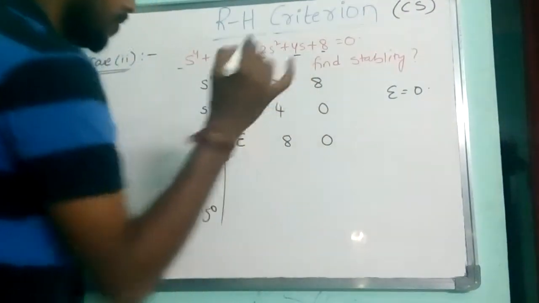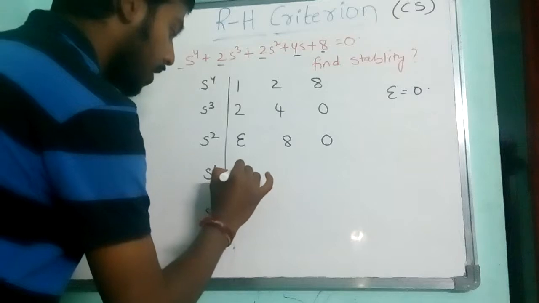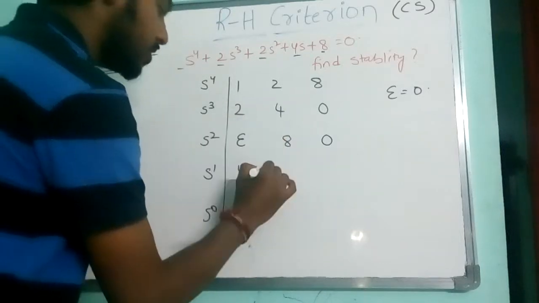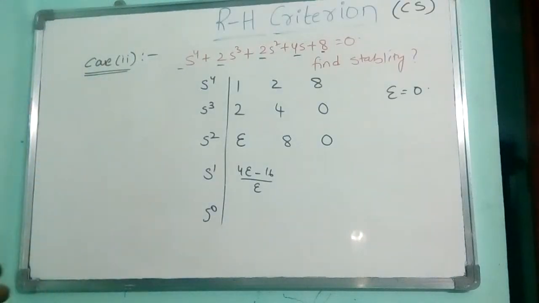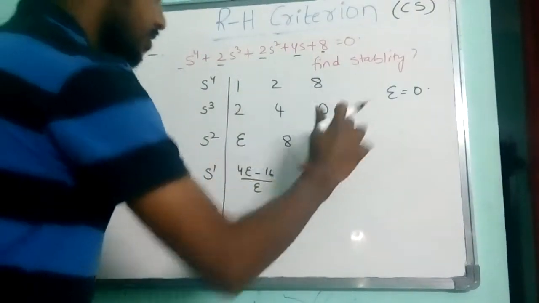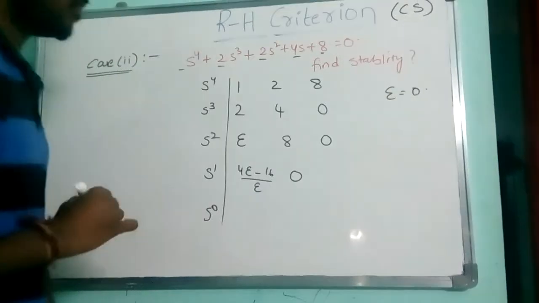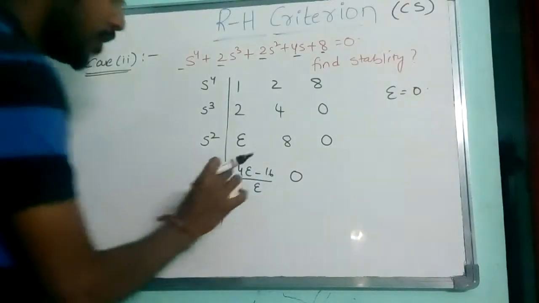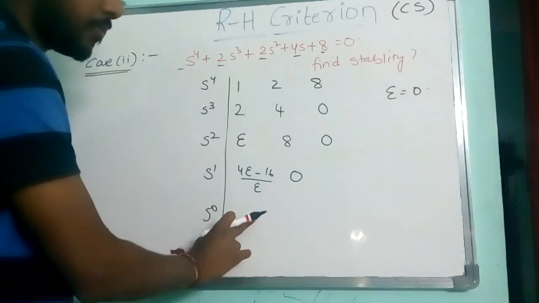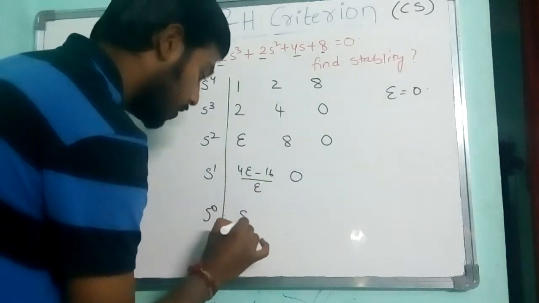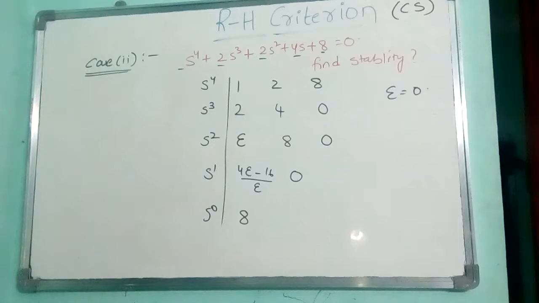Now it is 0. Epsilon into 4, 4 epsilon minus 8 times 2, that is 16, by epsilon. Now here, 2 epsilon 0 0, this will always be 0. Now here, 4 epsilon minus 16 by epsilon, into 8, over 4 epsilon minus 16 by epsilon, I get 8 here.